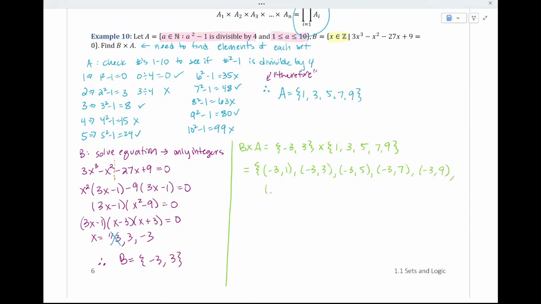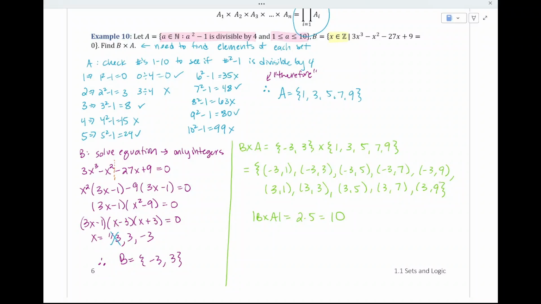Then I'm going to have (3, 1), (3, 3), (3, 5), (3, 7), and (3, 9). That's my 10 elements. The cardinality of B cross A is 2 times 5, which is 10.